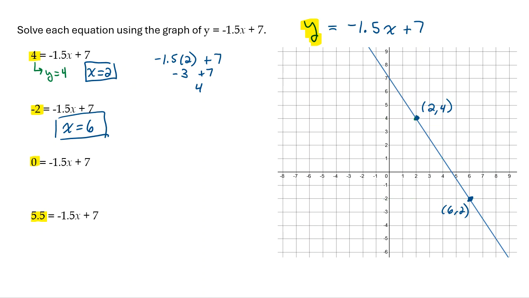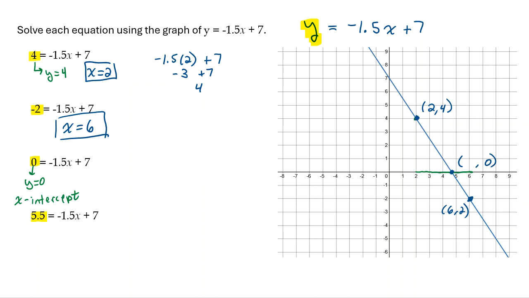Well, this next example is kind of a special case. It's when y is equal to 0. So when y is equal to 0, we are getting a special point on our graph, which is the x-intercept. Y equals 0 is on the x-axis. So the point where the line has a y value of 0 is where the line crosses the x-axis. Now, this one's not as easy to tell, is it?